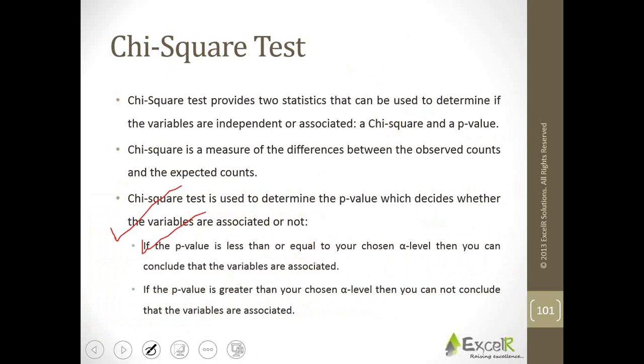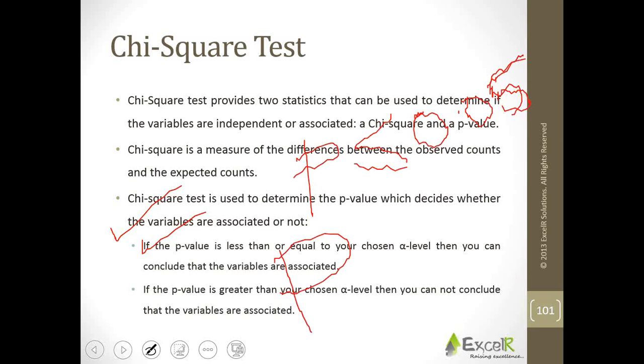If the p-value is less than or equal to the alpha level, normally 0.05, then you can conclude that the variables are associated with each other. If this p-value is greater than 0.05, then you can conclude that the variables are not associated, or you cannot conclude that the variables are associated.